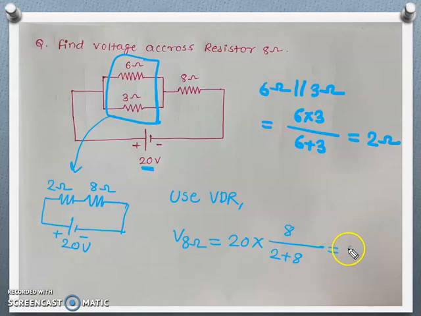That is 20 into 8 divided by 10, and this will give a value of 16 volt. Okay, this is the required voltage across this 8 ohm. Out of 20 volt, 16 volt is dropped across this 8 ohm, so the remaining 4 volt will be across this 2 ohm resistor. In this way we can find the voltage across a required component with the help of this simple rule, the voltage division rule. Okay, understood?